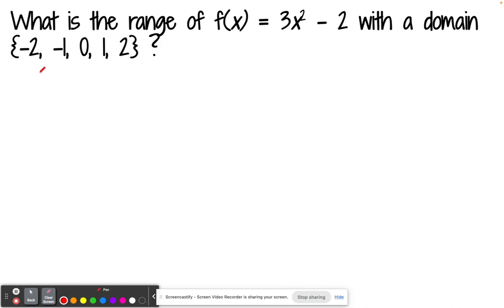So I want to know my f of negative 2, my f of negative 1, my f of 0, my f of 1, and my f of 2.